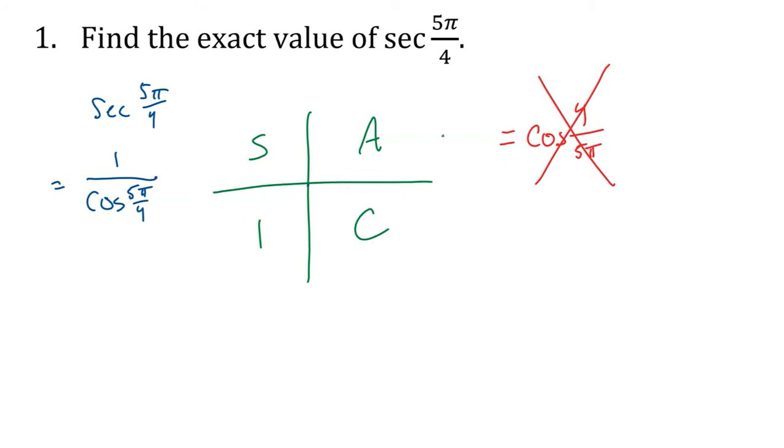So 5 pi by 4 is here. Our theta related is pi by 4 because it's one more pi by 4 past that. And again, in quadrant 3, cosine is negative because that's the tangent quadrant.